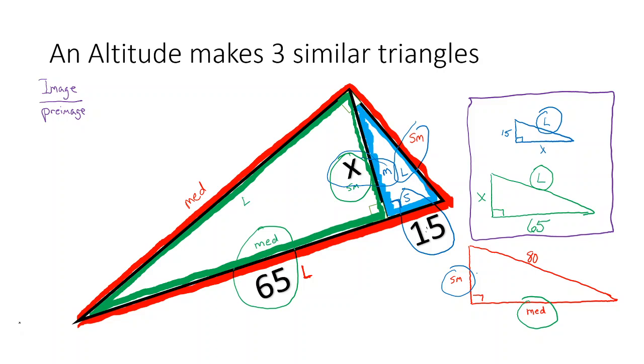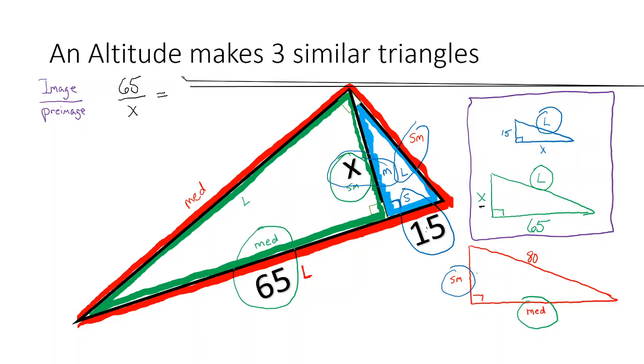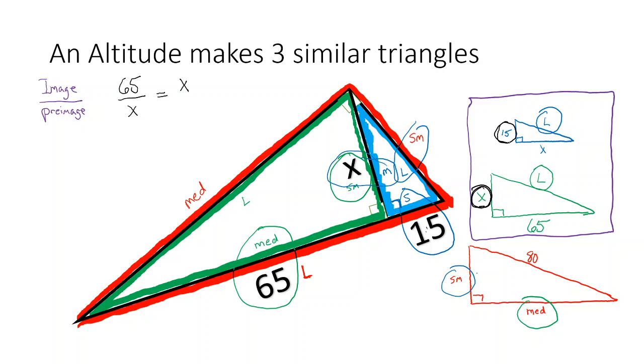So what I have in the image is 65, which is to the pre-image x, as in the image right here, x is proportional to the pre-image's 15.